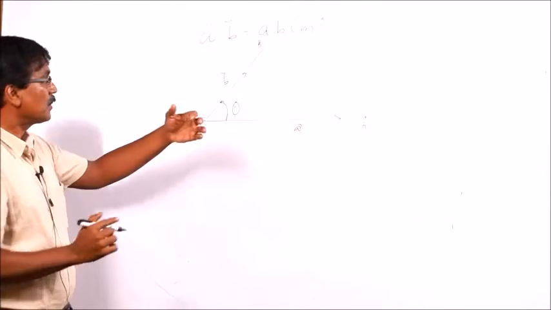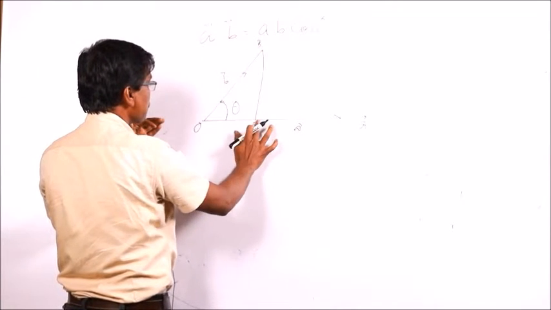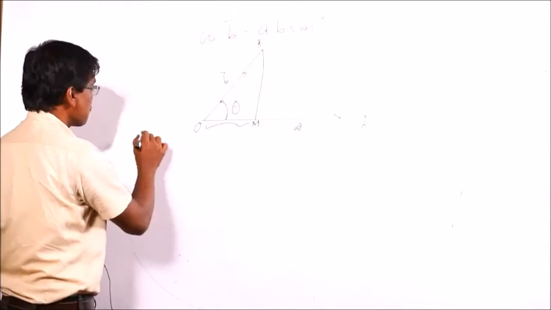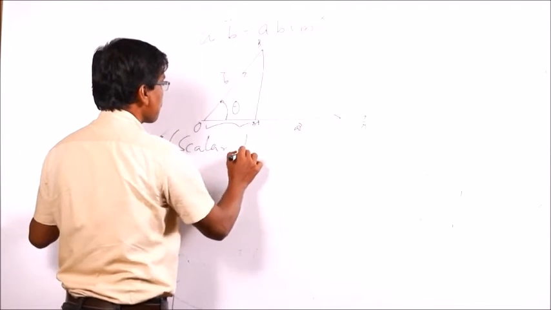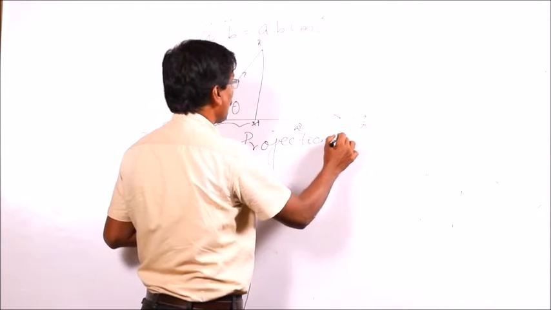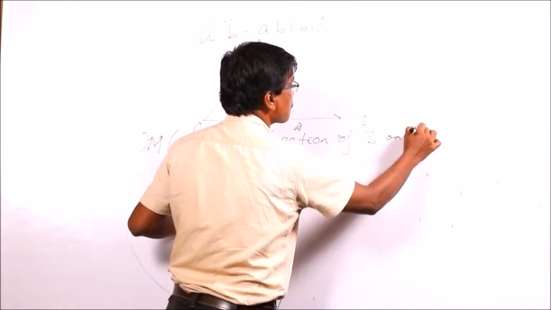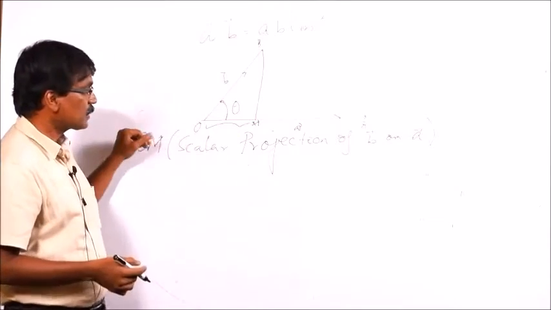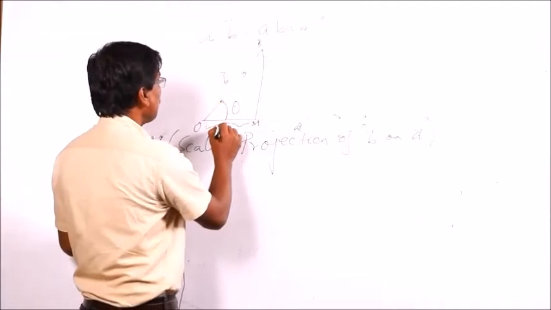So if we draw a perpendicular BM, OM is called the scalar projection of B vector on A vector, which is nothing but B cos theta.